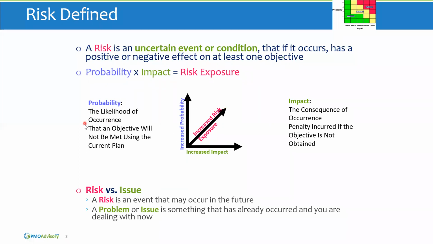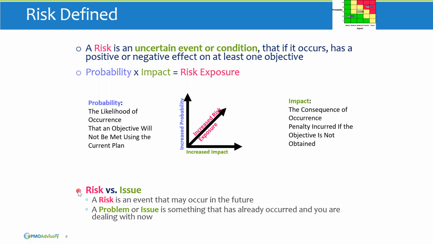Probability is the likelihood of occurrence that an objective will not be met using the current plan. That would be for a threat risk, or that an objective would be met for an opportunity risk. And then our impact is the consequence, which can be negative or positive, of the risk event occurring. For negative risks, it would be the penalty incurred if the objective is not obtained.